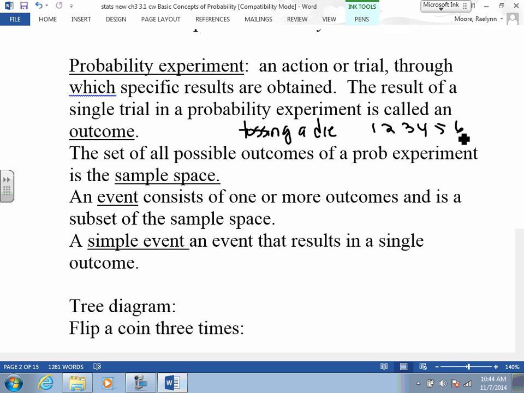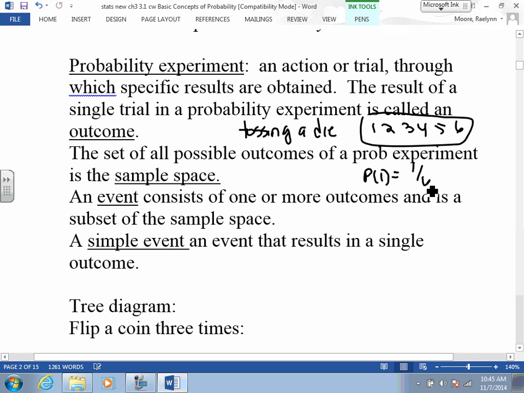My sample space would be just this. I could get on die 1, 2, 3, 4, 5, 6. Theoretically, my probability of getting a 1 is what? 1 out of 6. Same thing with getting a 2, or getting a 3, or getting a 4, or getting a 5, or getting a 6. Theoretically, there's 6 possibilities, 1 out of 6.